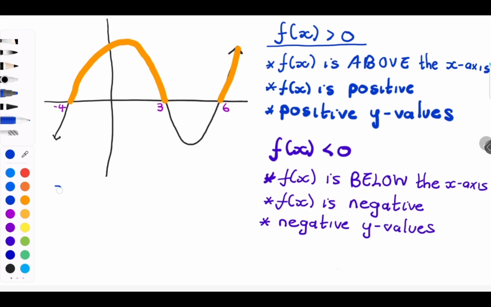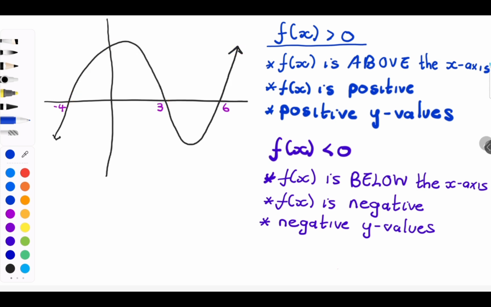So that happens when x is greater than 6, because the graph will go all the way up on this side, or when x is between the x value of -4 and 3, or when x is greater than -4 but less than 3.